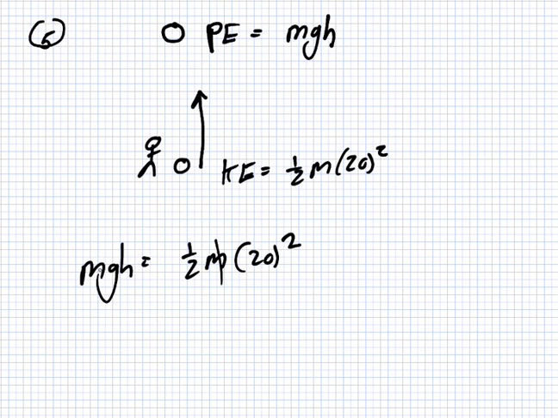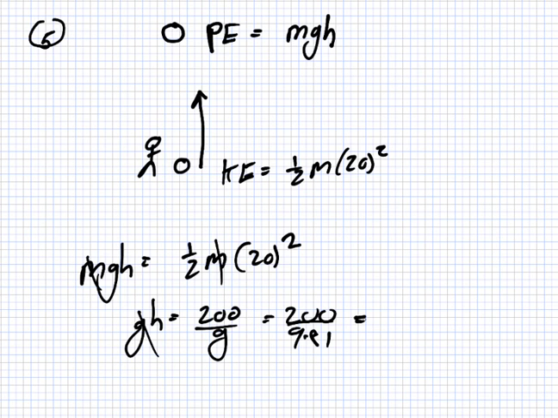Cancel the m. gh is a half of 400, which is 200. So 200 over 9.81, what's that, about 20 point something? 20.4 meters is the highest this ball can go.